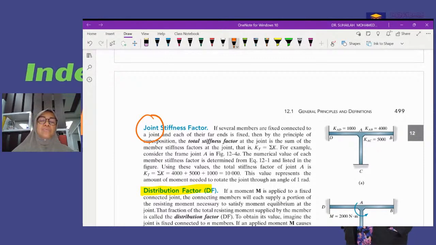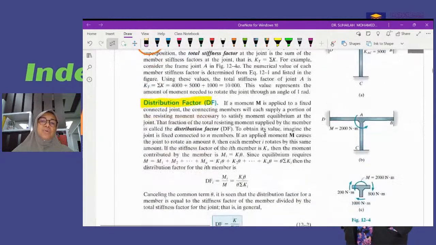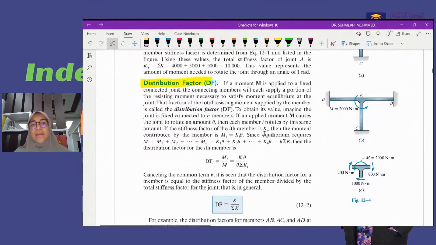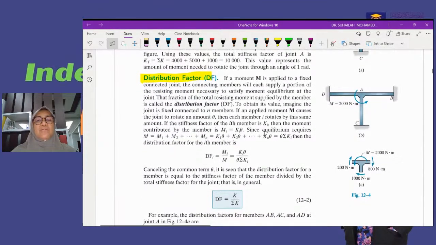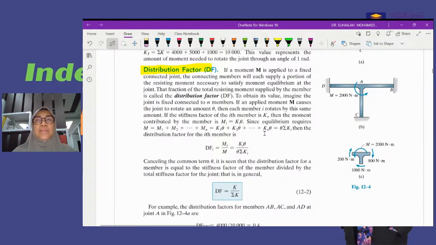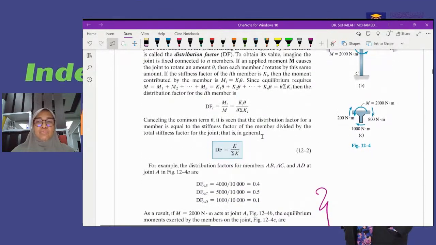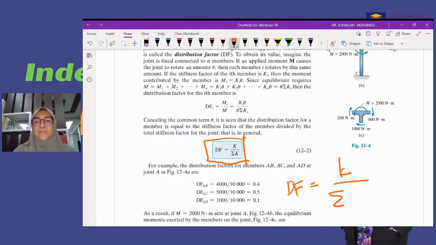What is most important is that we will calculate the distribution factor, and the formula is this one. The label is DF, and it is equal to K divided by total K.